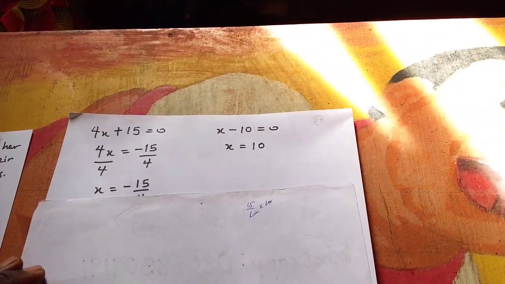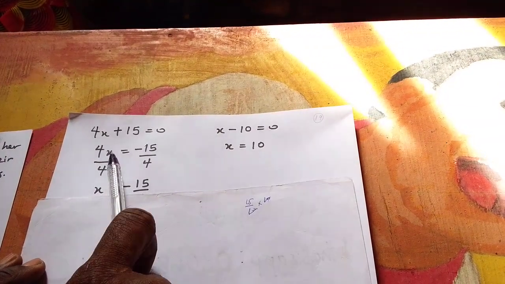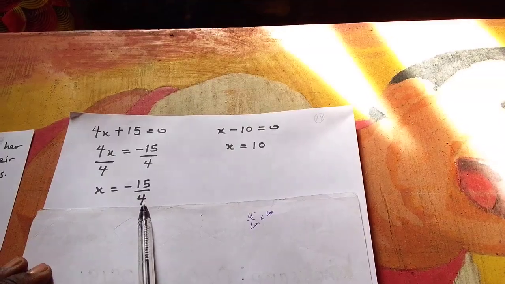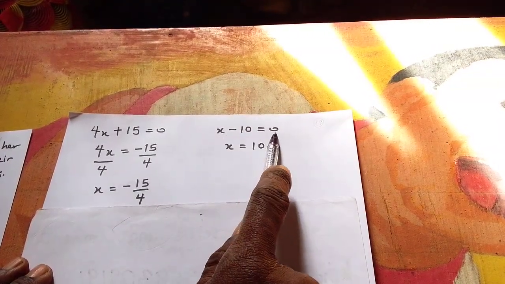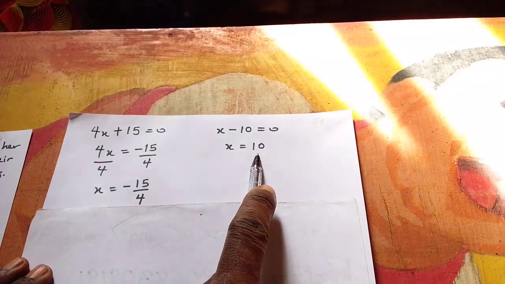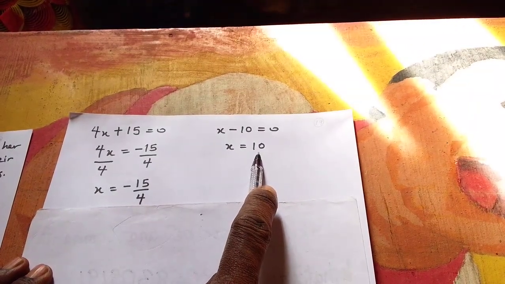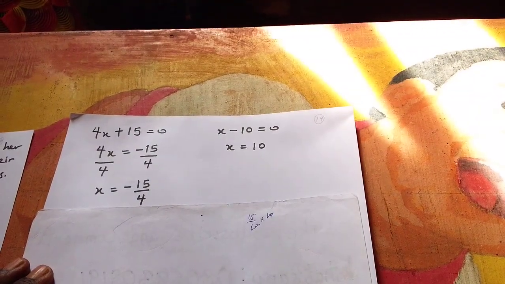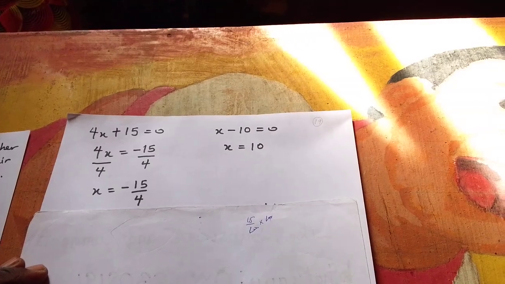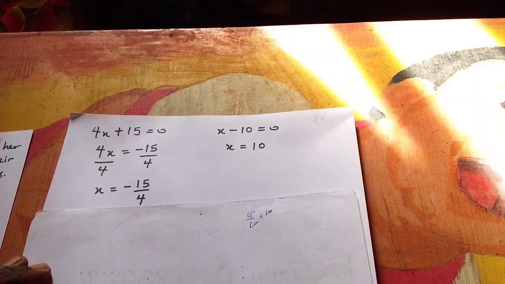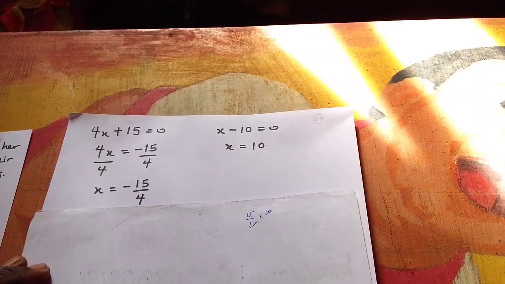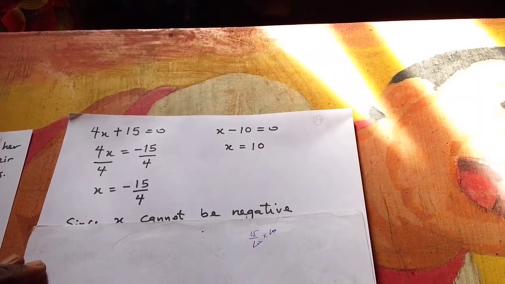So that means x will give us minus 15 over 4. Then the other factor, x minus 10 is equal to 0. When the 10 comes here, you have plus 10. Now, since we are talking about the age of a person, you understand that the age of a person cannot be negative.